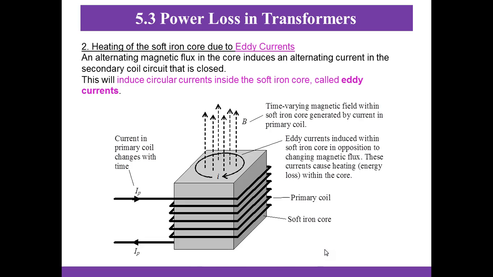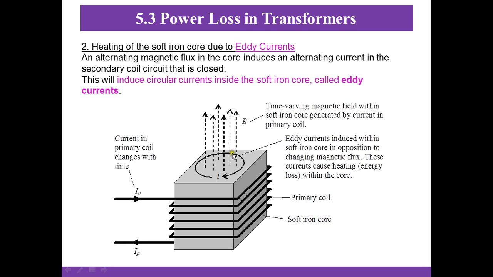In eddy currents, so first, what are eddy currents? Well, if you have a current coming into the primary coil, and if you follow the current and use your right hand grip rule, you know that there's a certain magnetic field being produced pointing to the top of the page, right? Here, we are using a certain instant of time.